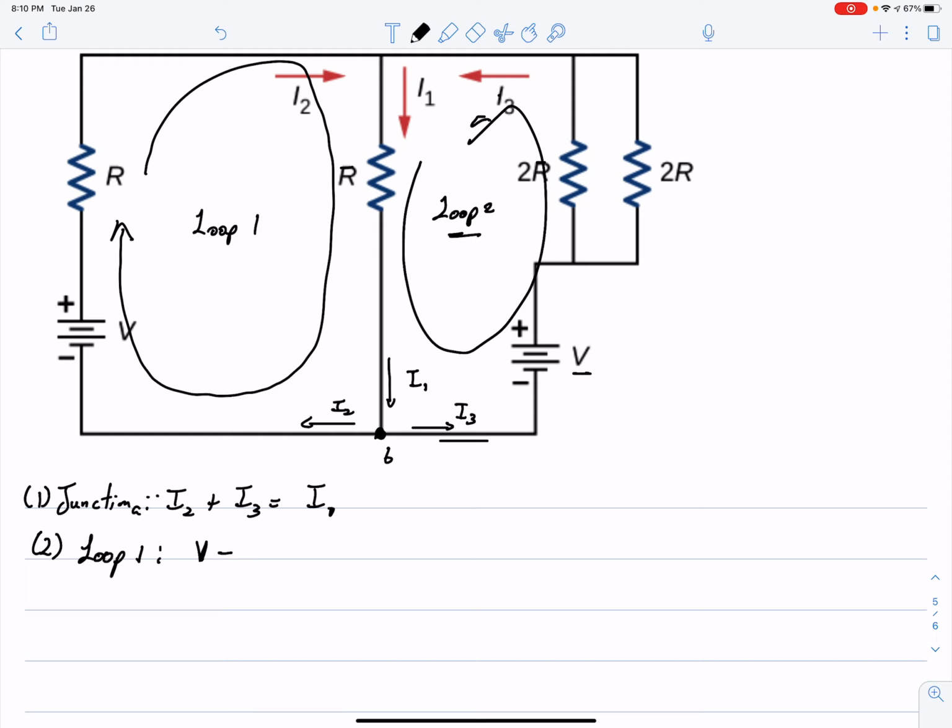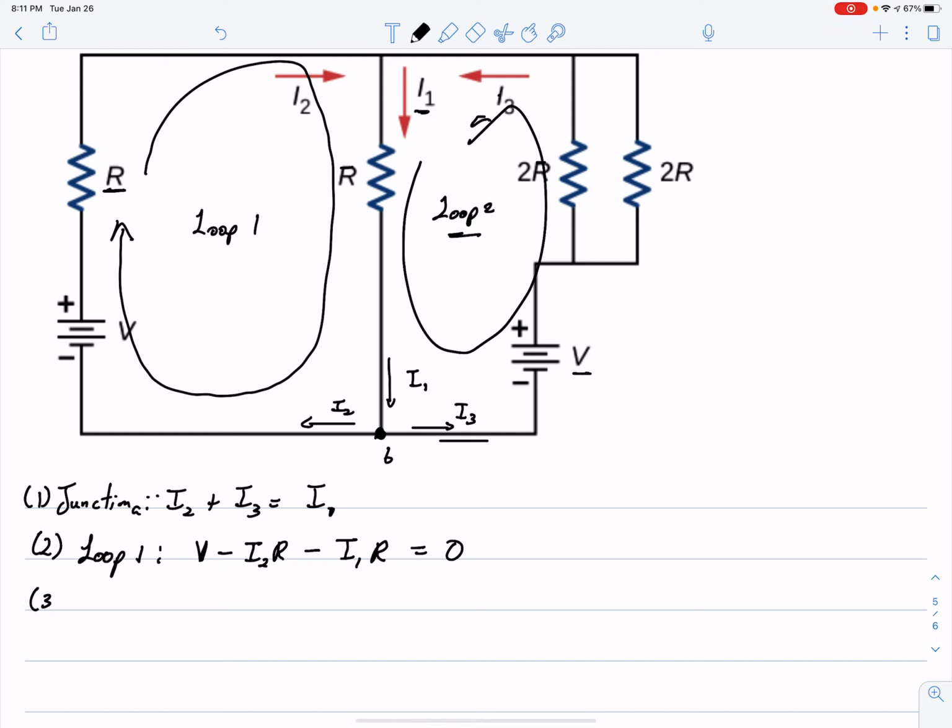So current 2 times R, it's just R, minus current 1 times R, because now I'm here, right? And that will all equal 0 because there's nothing else in that loop. Done for this one, for loop 1.